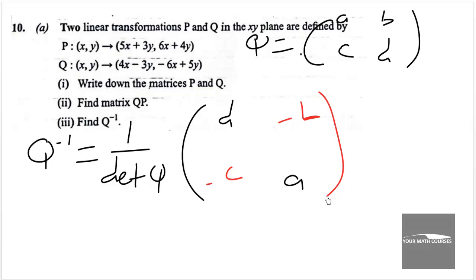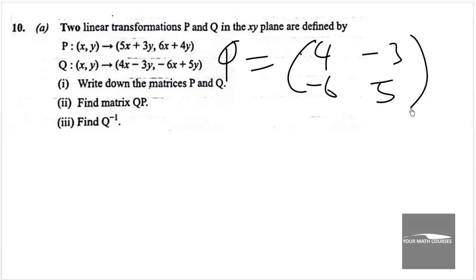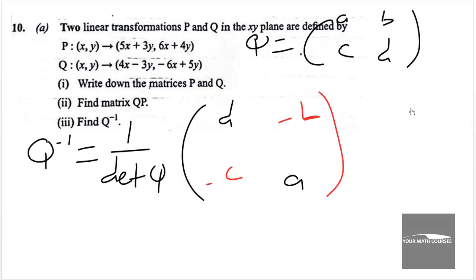So with this, we can now calculate the inverse of matrix Q. We found matrix Q to be equal to 4, -3, -6, 5. So we are going to maintain the B and the C, but we negate them.